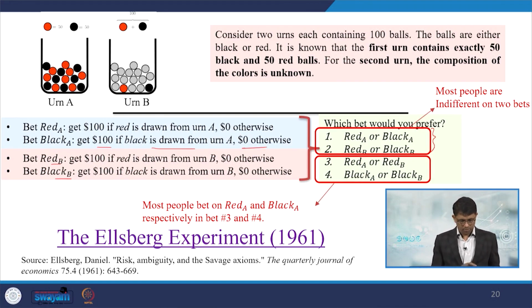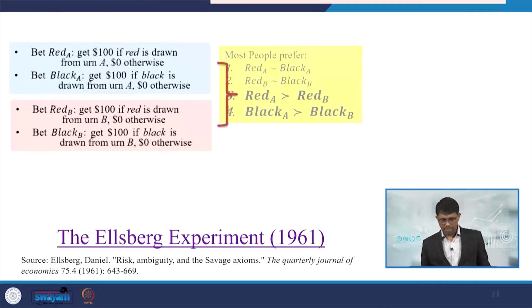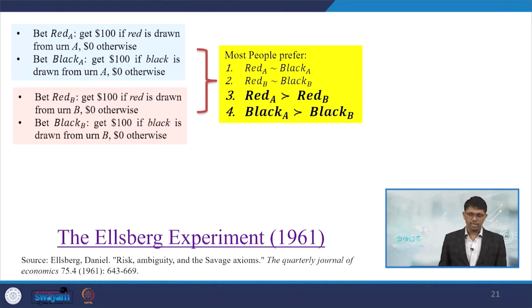So, accordingly we have already mentioned in the example. Let us see what really happens. Bet red A, get $100, we have already seen, if red is drawn, otherwise it is 0, and these are all 4 outcome possibilities we have mentioned. Most people now prefer red A or red B. Let us see which are actually indifferent.